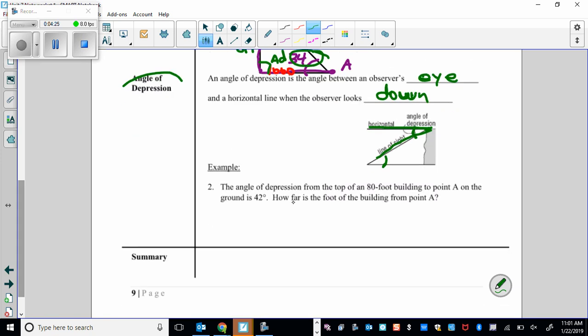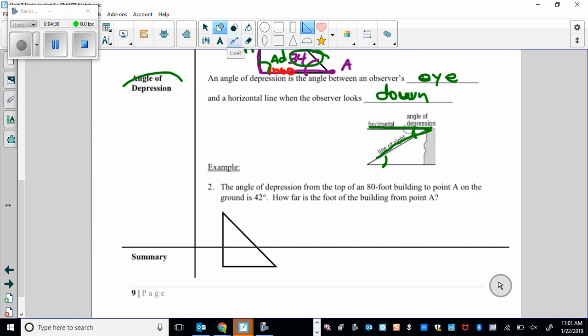So that's the benefit of it. Here you go, and I'm going to draw another right triangle. Just draw a right triangle, right? And then based on what they gave me, there would be a line here, because that's where the angle of depression is being created.